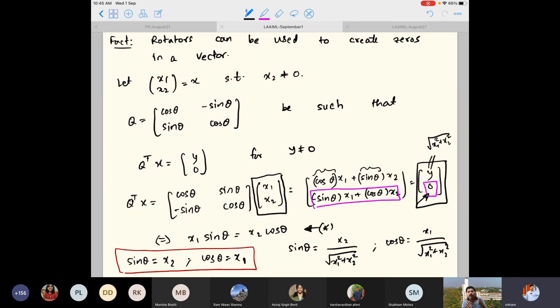That's what you were anyway expecting from the theory, from the result about orthogonal matrices. So you already know the result on the right hand side. You don't even need to compute. Once you know the matrix with sin theta and cos theta, you can use this matrix to introduce zeros in a vector. Is that okay?